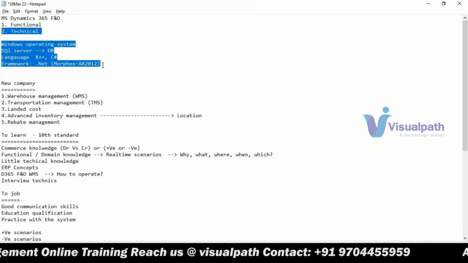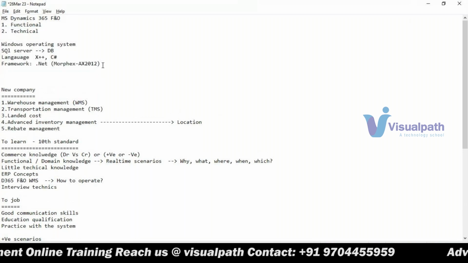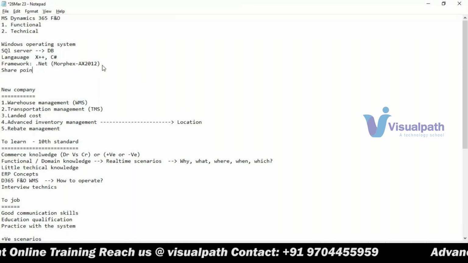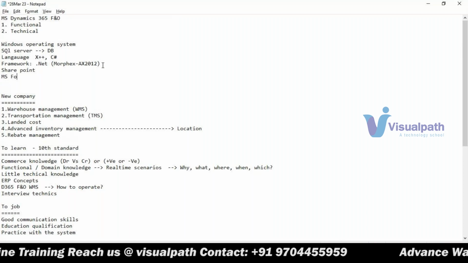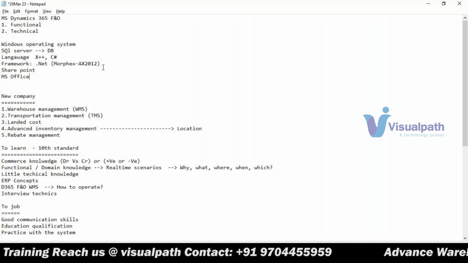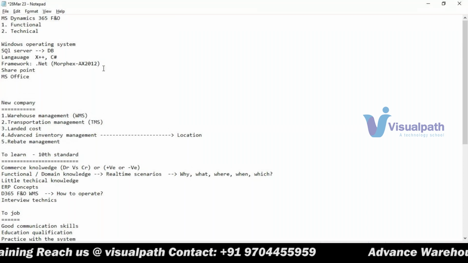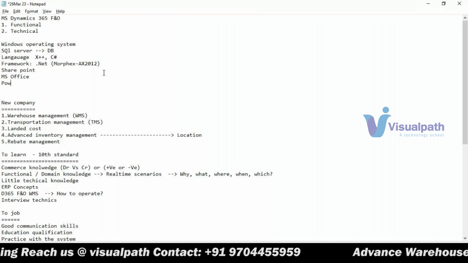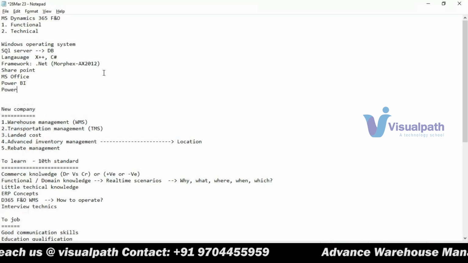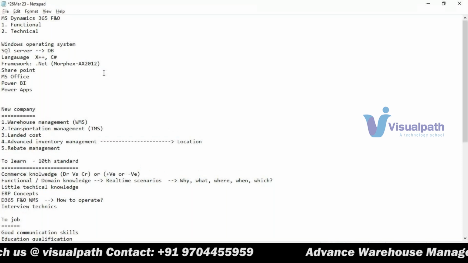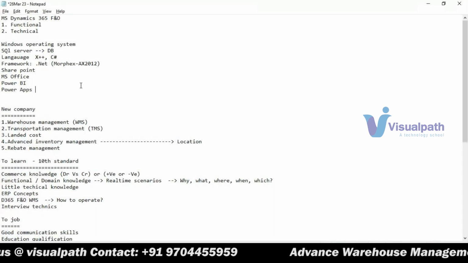Not only this one, there is SharePoint, there is Microsoft Office, and if required, there are so many technologies inside. Power BI is one more powerful tool, and Power Apps is another application tool.